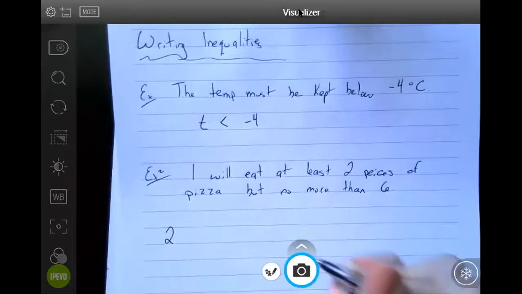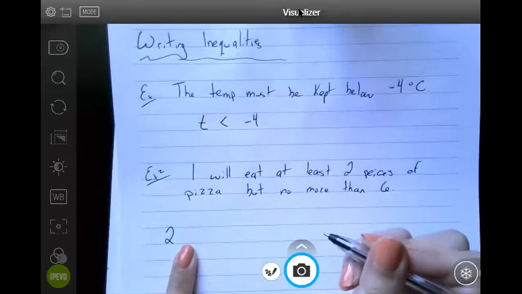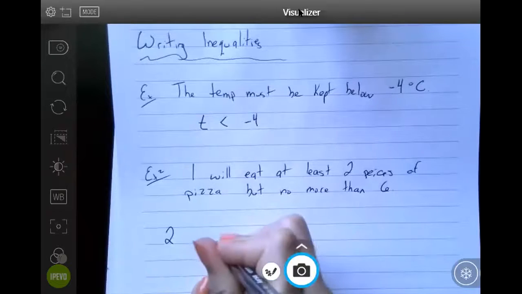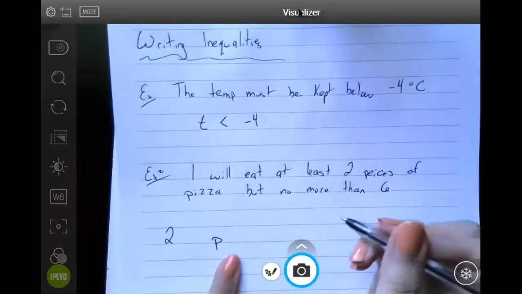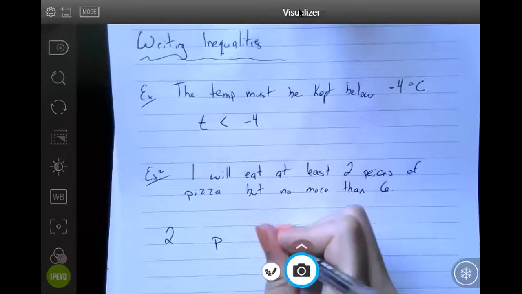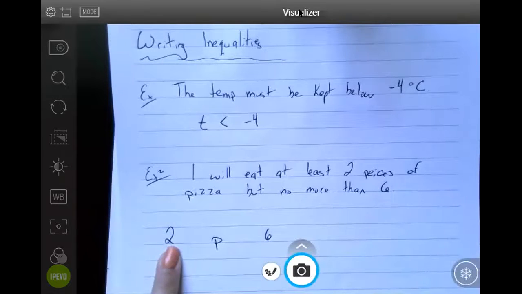So 2, some sort of symbol, variable, so maybe the number of pizza slices I'll eat, symbol, other number. Okay, so numbers are written from smallest to largest. The variable has to be in the middle.